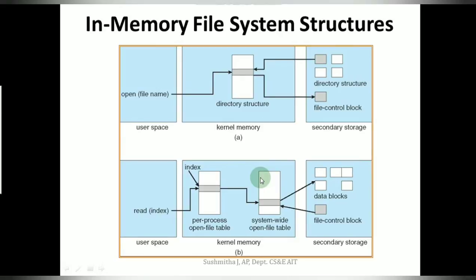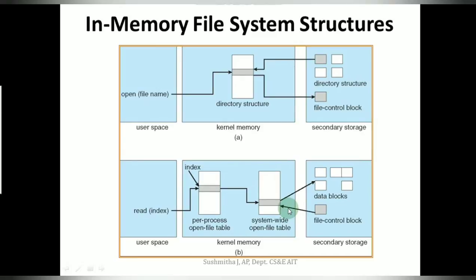then it is going to open the file, and on the secondary storage it is going to check for the file control block, and this file control block is copied into the system-wide open file table in the memory. This table also tracks the number of processes that have the file open.